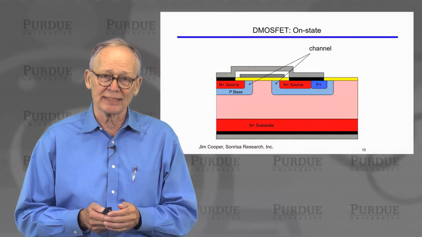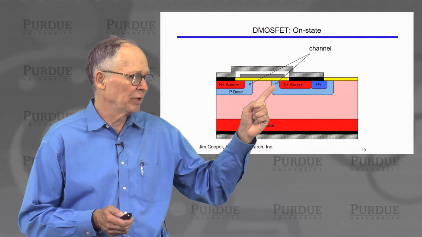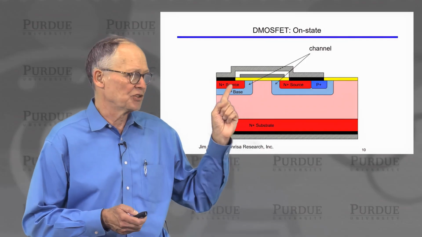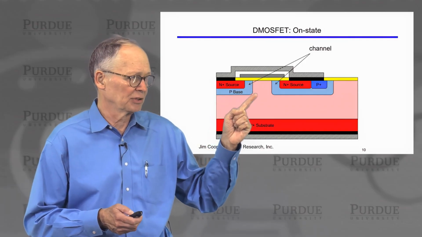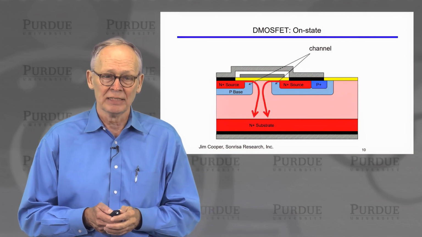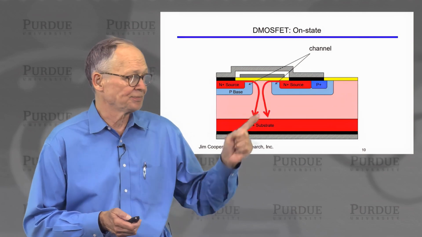So let's look at what happens in the on state. The channel is right here. And when I turn the gate voltage on, I'll produce a channel. Current can flow from the source across the channel, and then it will have to flow vertically out the drain. So the current flow is in this direction.